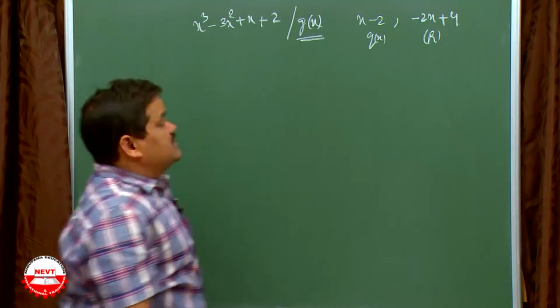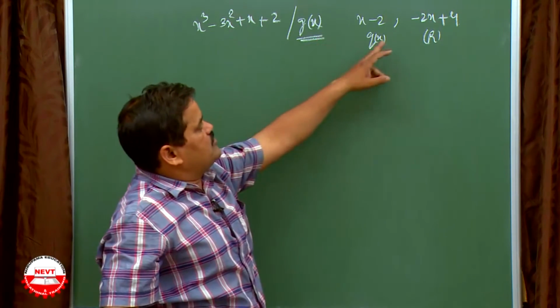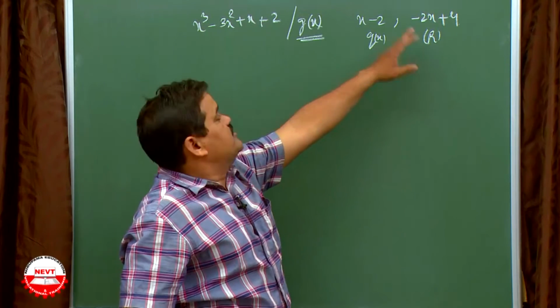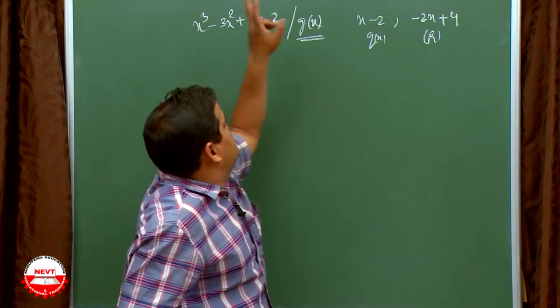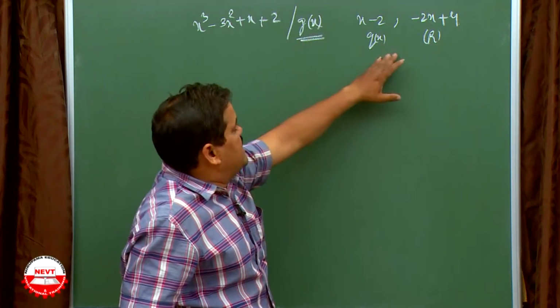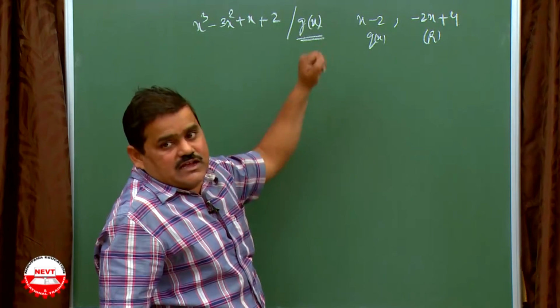Okay? You know that dividend is equal to divisor into quotient plus remainder. So if you want to find the divisor, first subtract the remainder, then divide by the quotient, and you will get the answer.